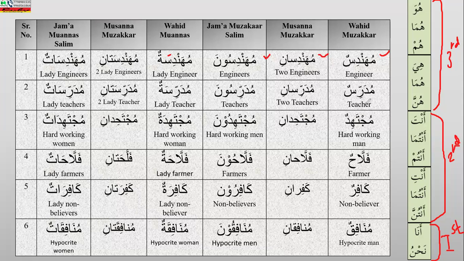Ana muhandisun. Nahnu muhandisani. And ma'am, here again we will use nahnu muhandisun. Yes, nahnu is used for musanna and jama. And ana muhandisatun. Nahnu muhandisatani. Sorry, nahnu muhandisatun.